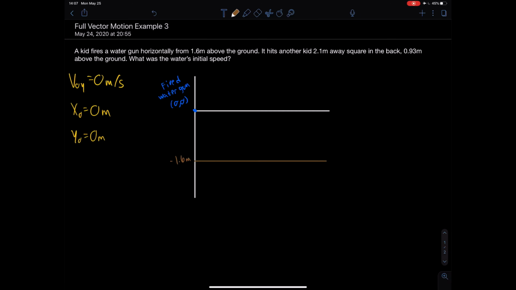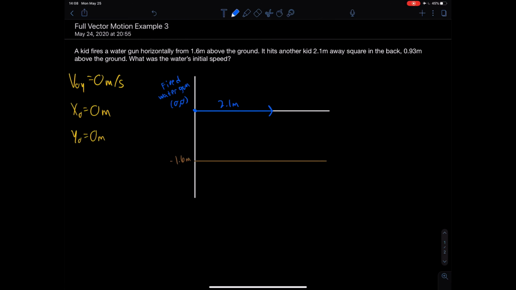Now, the kid that it hits was standing 2.1 meters away. So the water traveled 2.1 meters in the x direction, and it hit him 0.93 meters above the ground. Again, it's tempting to write that the final y position was 0.93, but we've changed our coordinate system a little bit.